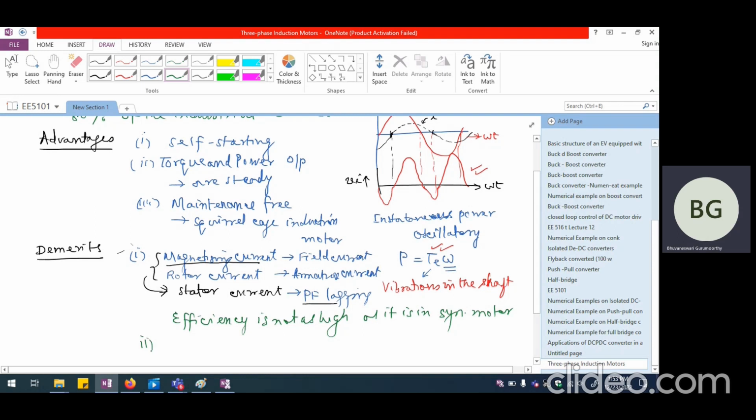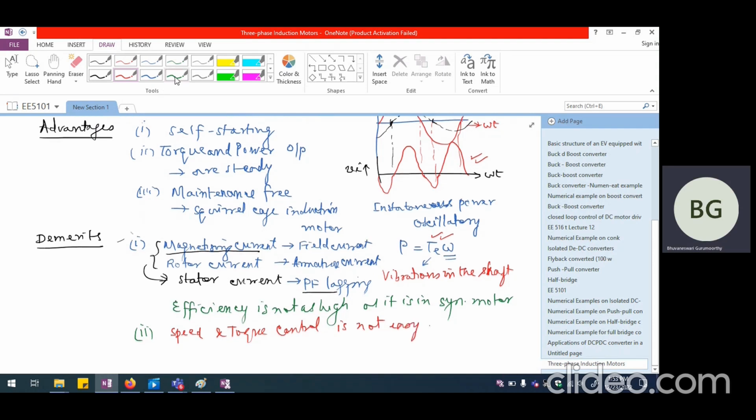Another demerit for the induction motor is that speed and torque control is not very easy. That is because we will see that very often we will not be able to access the rotor current at all. It is difficult to access rotor current.